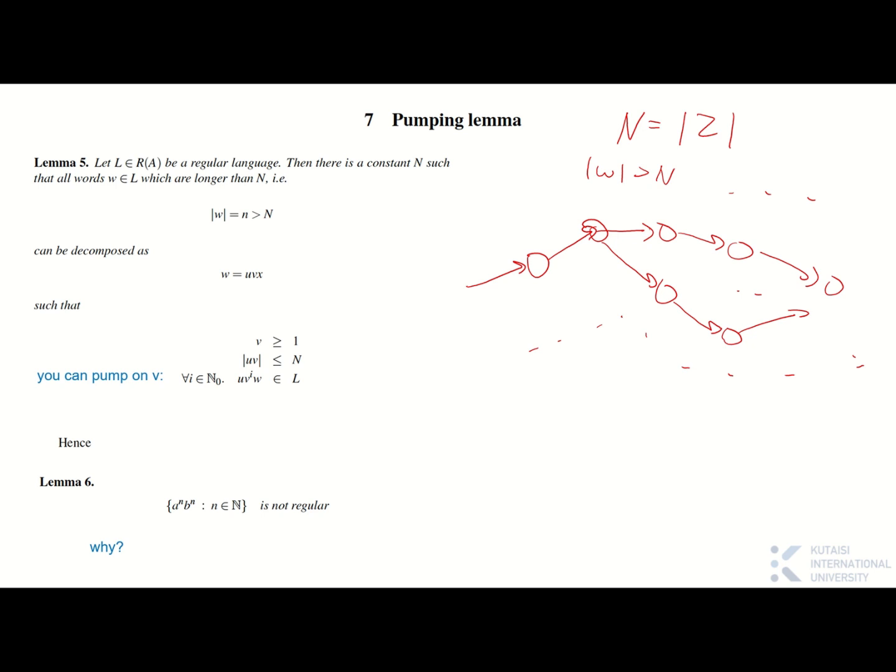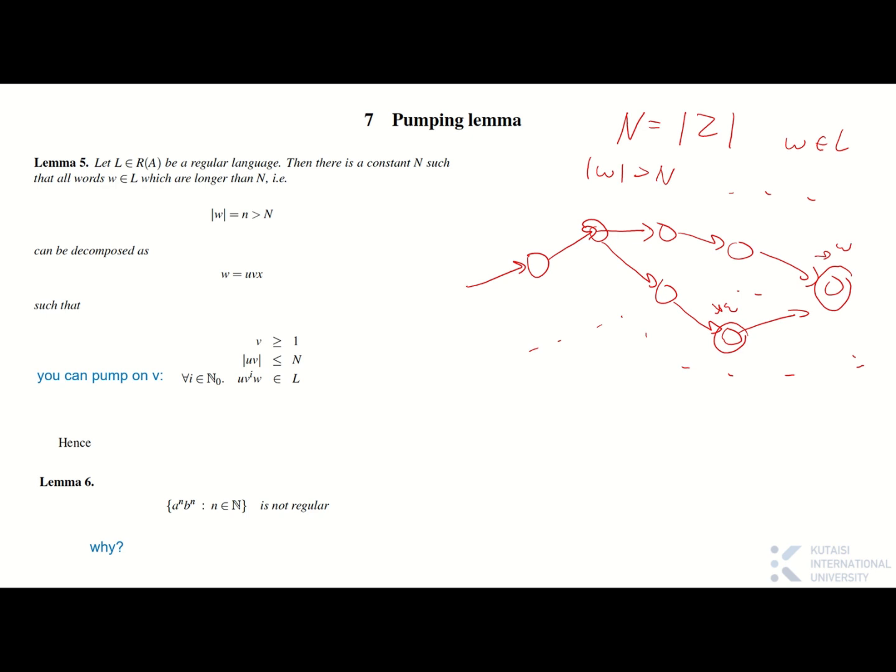So let's say W is in L and it's longer than n. I'm claiming that when you start at your DFA and you're moving along with W, it has to accept, right? There's an accepting state somewhere, and your W ends here or here. So it ends at an accepting state.